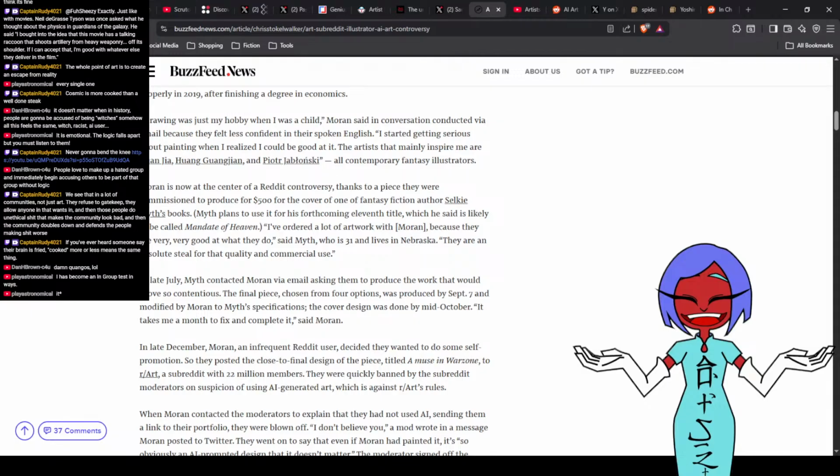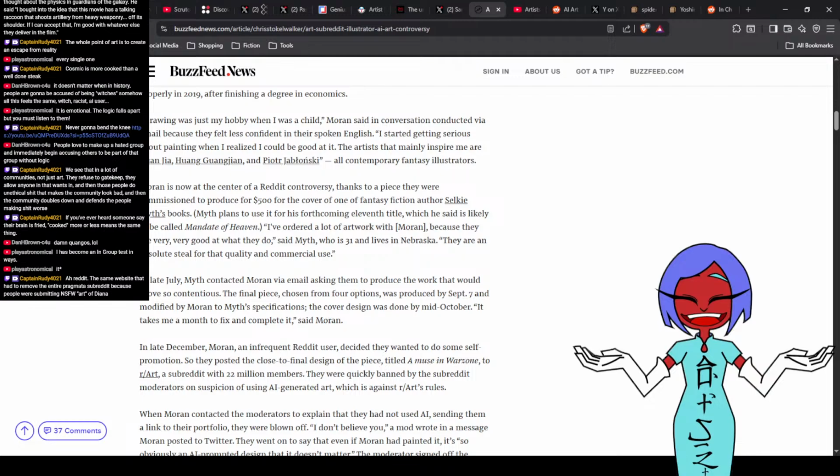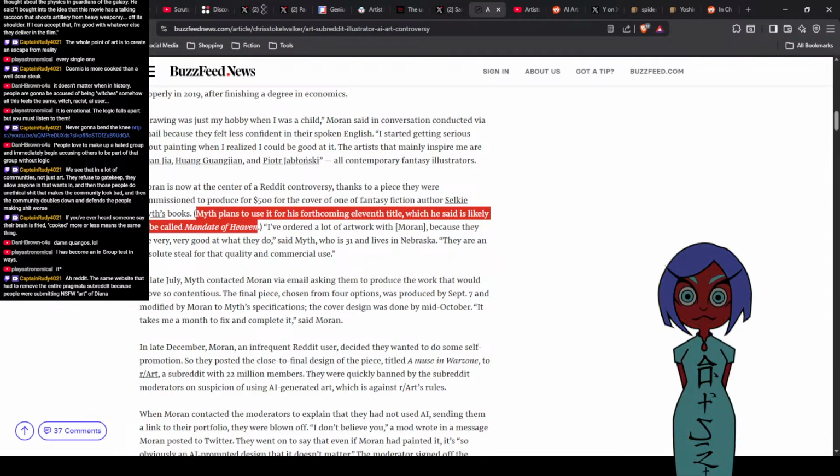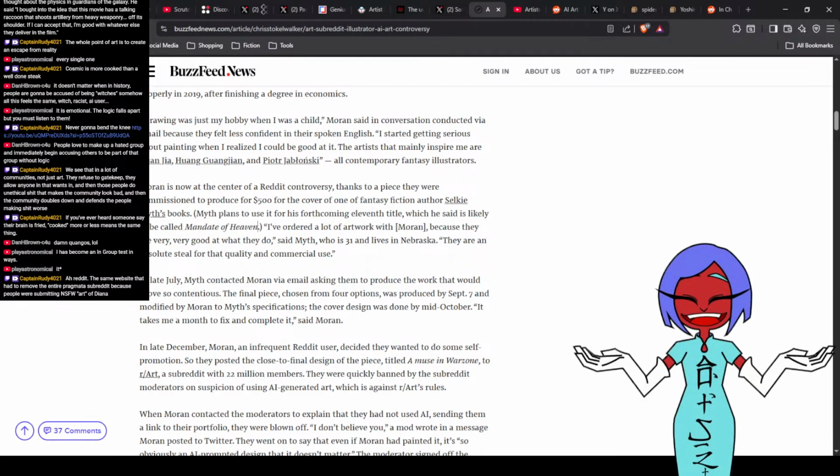They charge less. For the cover of one fantasy fiction author's Selkie Myths book. By the way, Indonesia has a good track record when it comes to artists, better than America or Japan. Myth plans to use it for his forthcoming 11th title, which he said is likely to be called Mandate of Heaven. If there was ever a Chinese-sounding novel name, this was it.